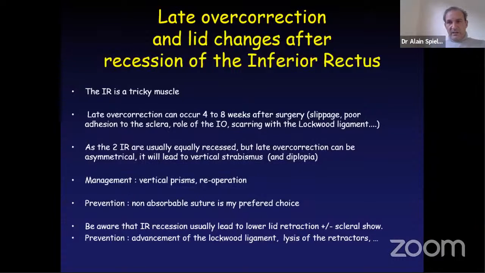There are many tips that have been suggested to prevent lid retraction, such as advancement of the capsulopalpebral head of the ligament, or lysis of the retractors at the same time by a conjunctival incision to recess the retractors of the inferior lid.